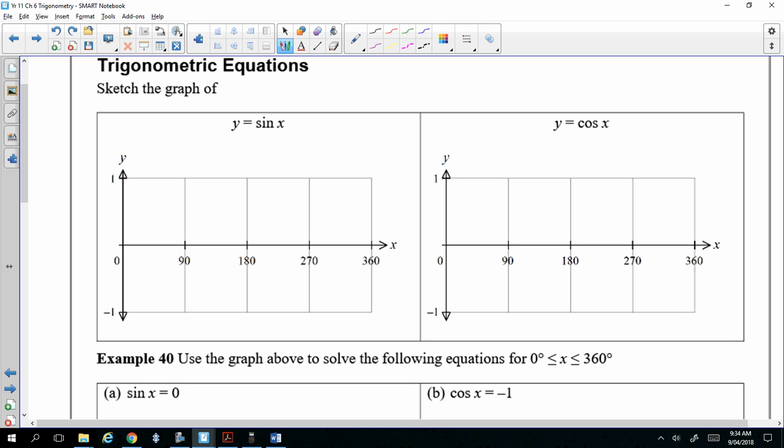Join dots, done. Less than 5 seconds now, with no table of values. How about cos graph? 1, 0, negative 1, 0, 1. Okay, just remember the rhyme. Right? Under 5 seconds. Okay, good. We're making good progress. Okay, any questions? Or draw your graph?